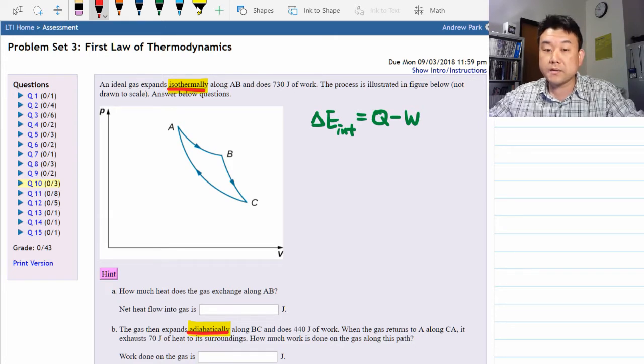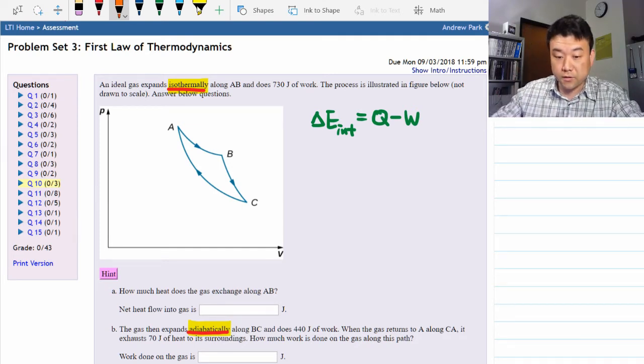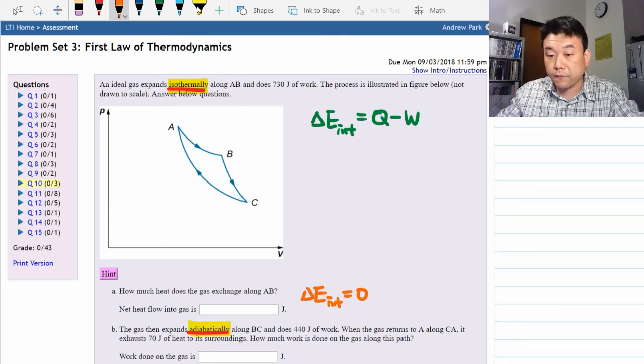When we say it's doing something isothermally, that means temperature is not changing, and since that's related to the internal energy, the change of internal energy for part A is equal to 0. Looking back at the first law, Q must be equal to W, since the change in internal energy is 0.